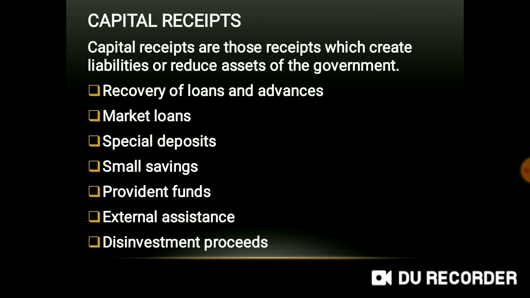The sixth one is external assistance in the form of loans received from foreign government and international organizations like World Bank, IMF, Asian Development Banks, etc. And the last one is the disinvestment proceeds, which means the income that is generated by the government whenever it sells the shares or debentures of the government companies. So these were the different sources of capital receipts.